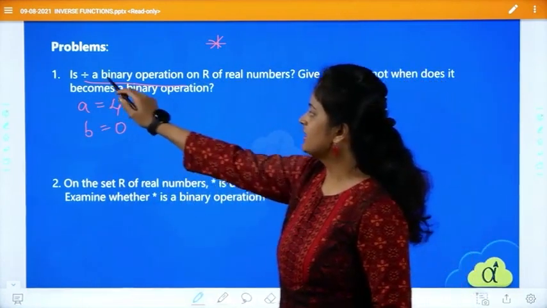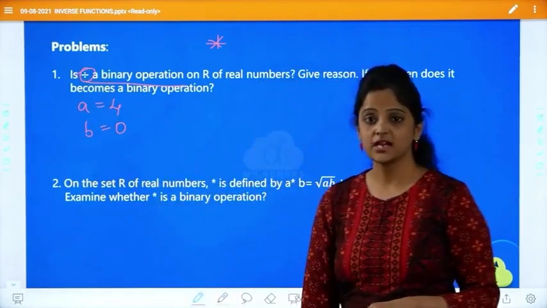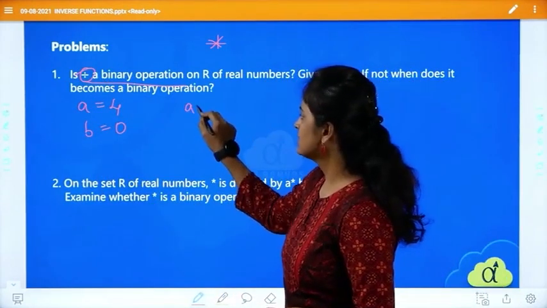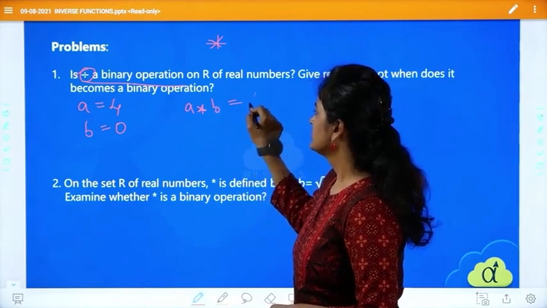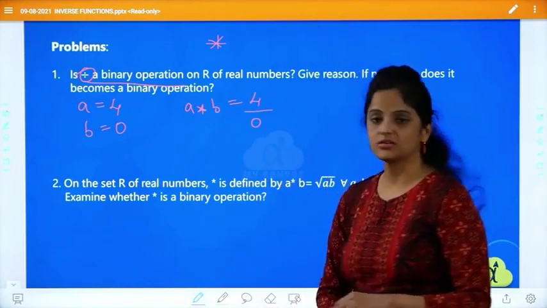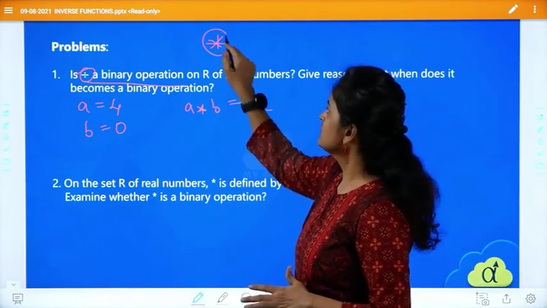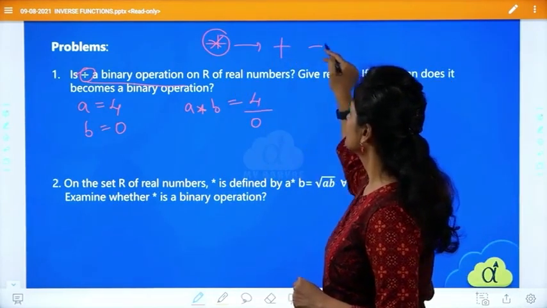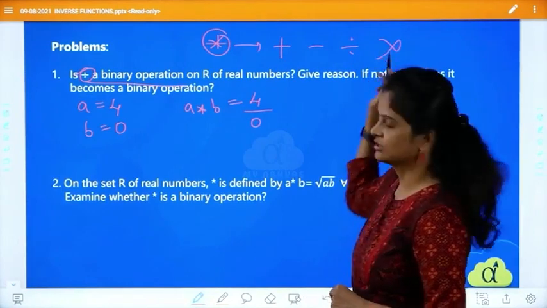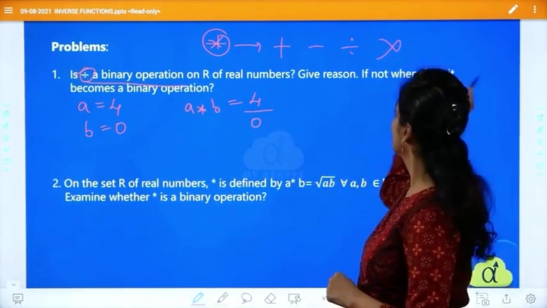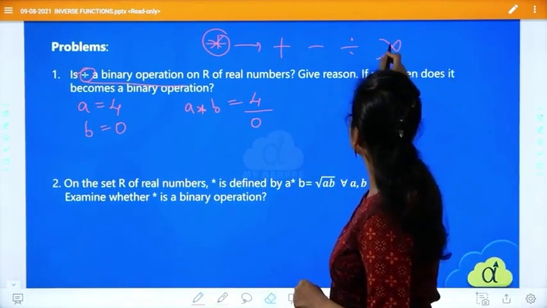Divided by is there as a star. So if I am taking A star B, it says 4 divided by 0. Any number divided by 0. This star is nothing but sum, subtraction, division, multiplication. Probably only these 4 operations it takes.